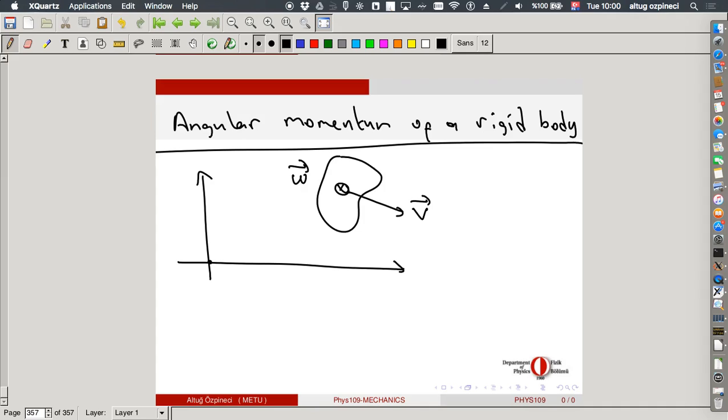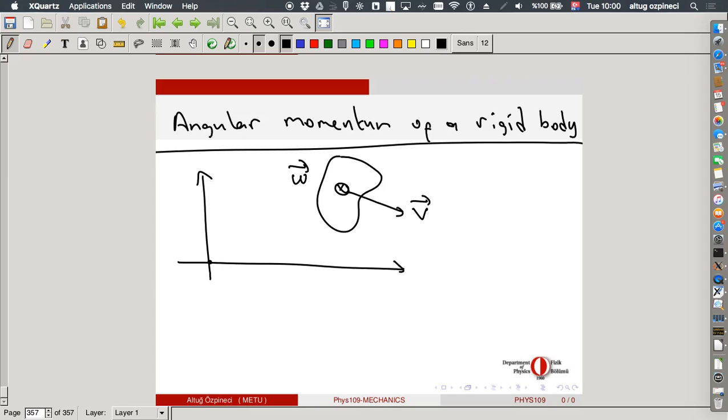Now, of course, to describe the motion, we choose some coordinate axis and describe it as rotations around that coordinate axis. If you were to move with that rotation axis, then that reference frame need not be inertial. But that is not what we are doing. We are always in this inertial reference frame.